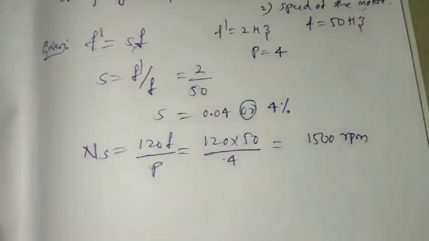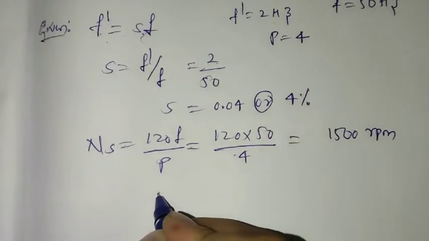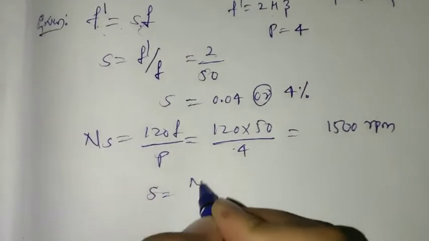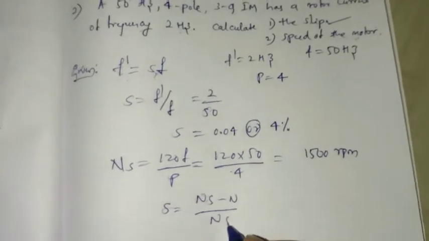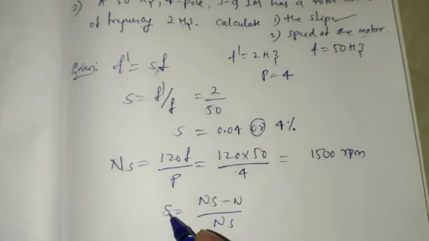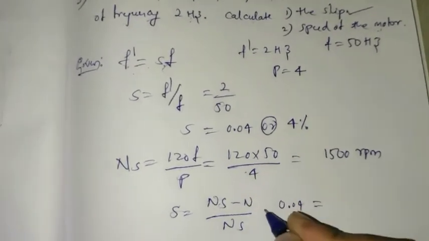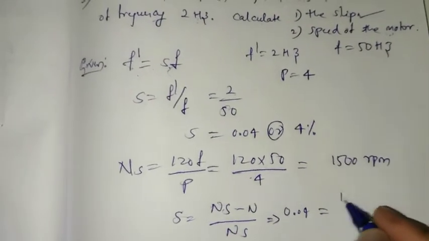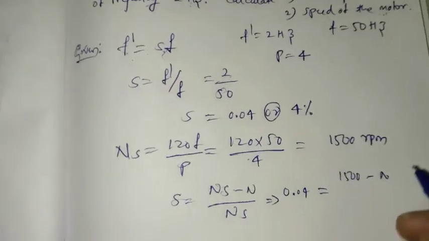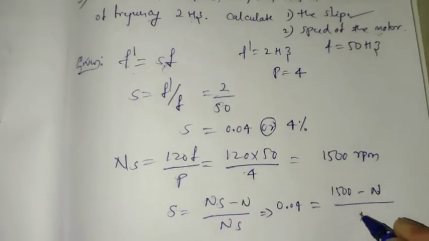So now I will calculate the speed. So s is equal to (ns minus n) divided by ns. So s is equal to 0.04, is equal to ns, which is 1500, minus n, which we need to calculate, that is the speed of the motor, divided by ns.